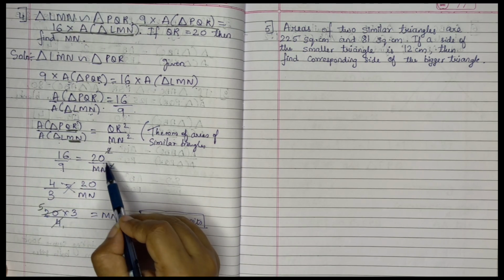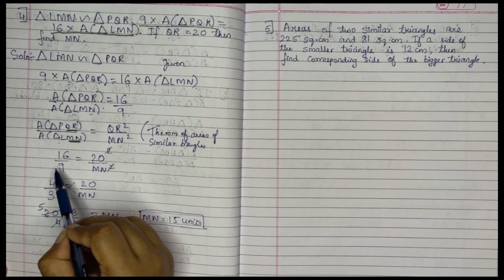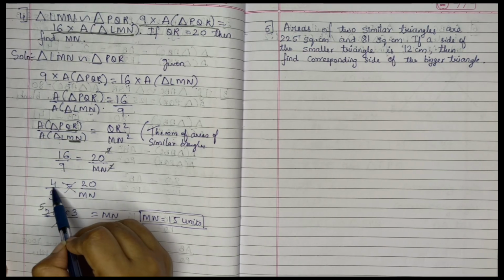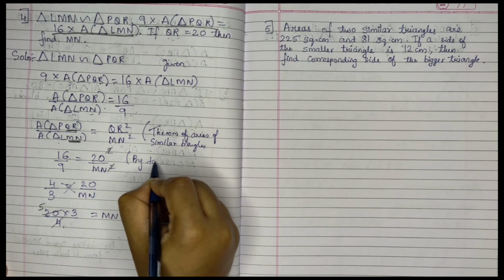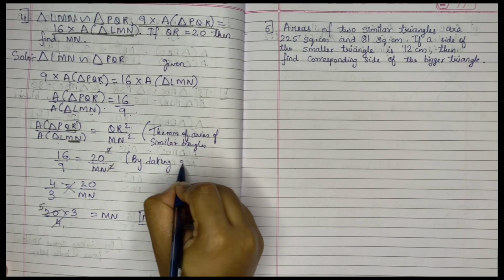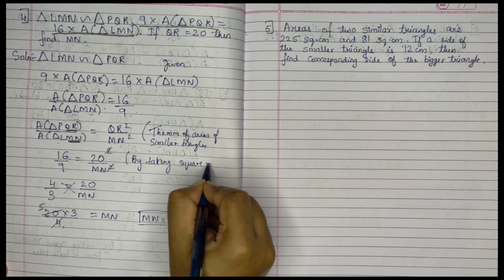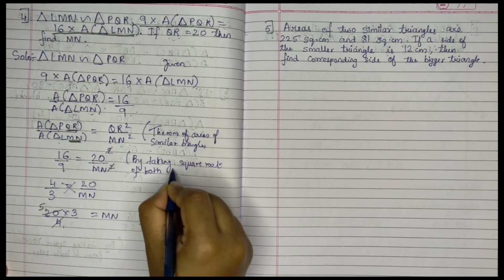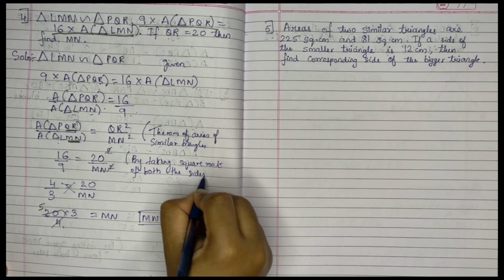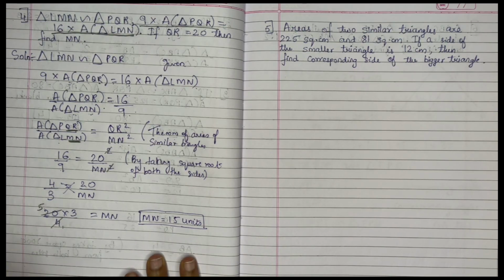Here this square and this square got cancelled. Here also we took the square root. Square root of 16 is 4, square root of 9 is 3. So you can write here by taking square root of both the sides. Okay, so understood how we got the fourth sum.